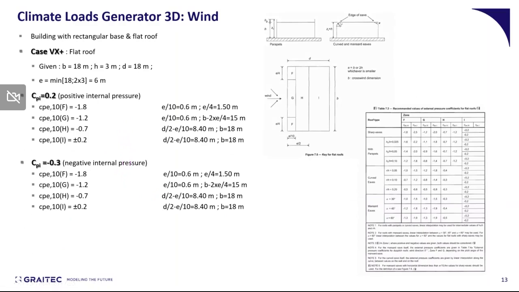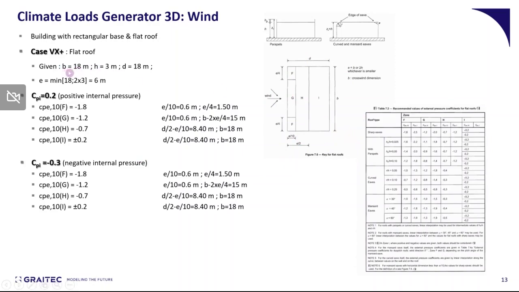Moving forward now to the flat roof, again the Eurocode identifies 4 different zones, as you can see here, and gives the CPE for each of those zones.